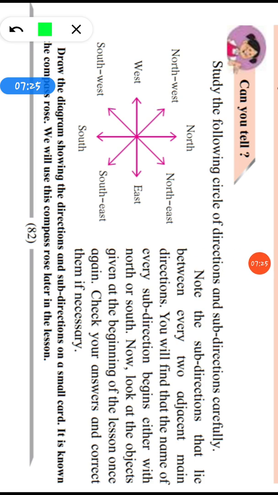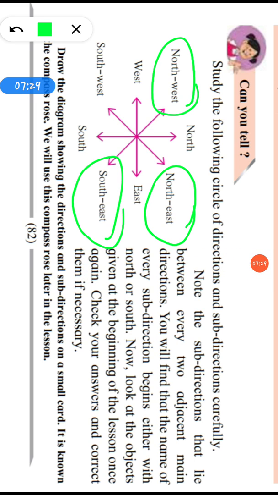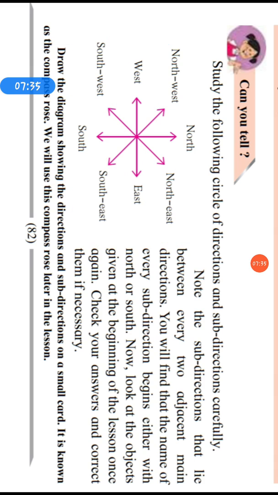The subdirection between south and east is called southeast.